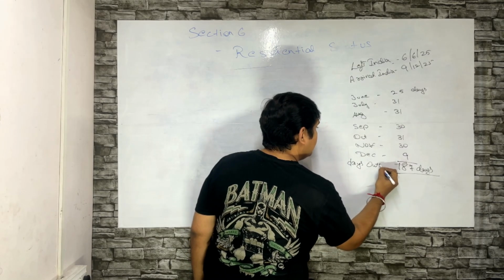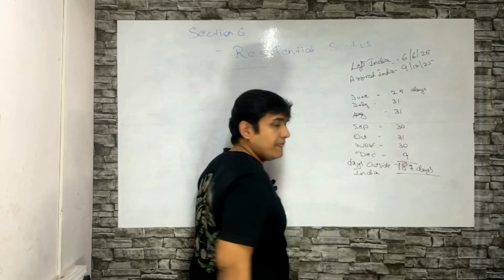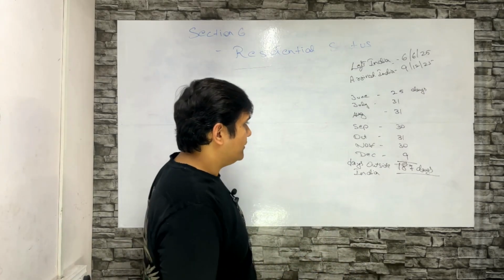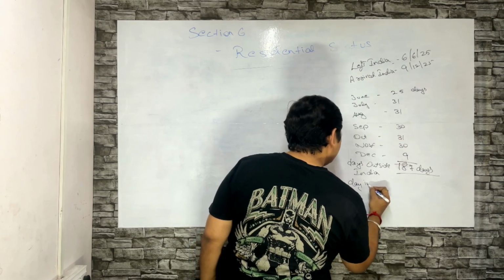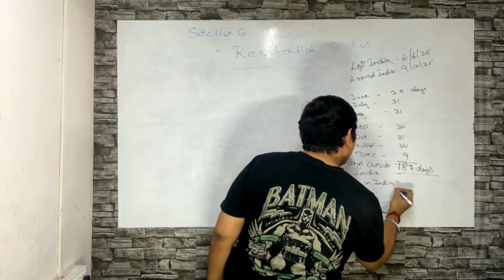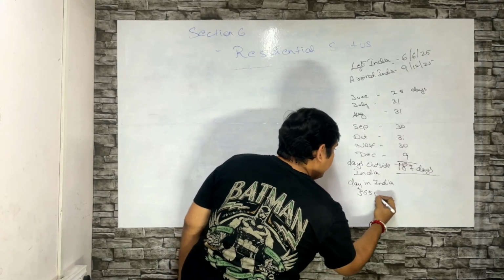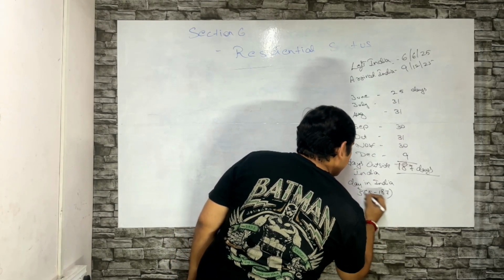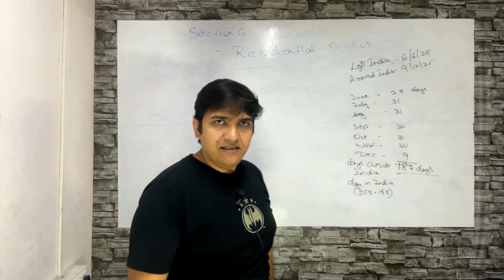Days outside India. So days in India is 365 minus 187.